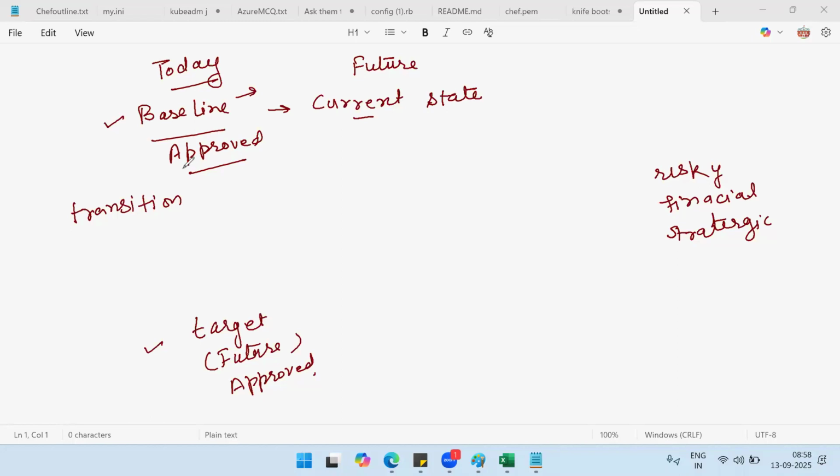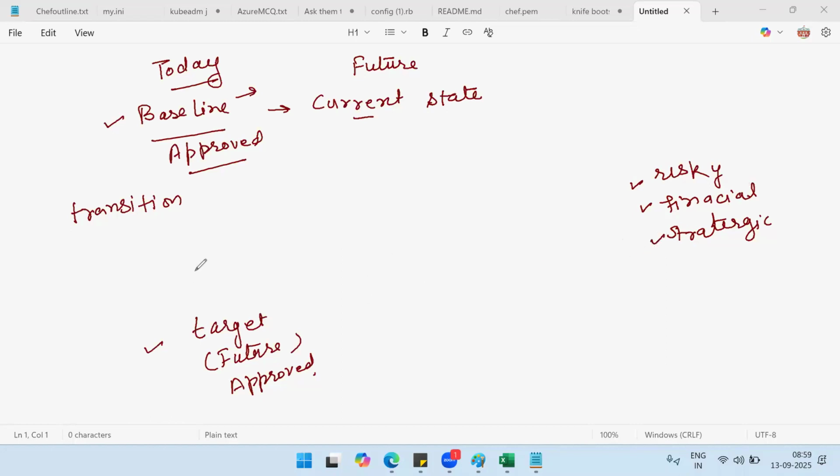If you make the changes to the bigger target immediately, there will be a risk. There could be some financial things and strategy.